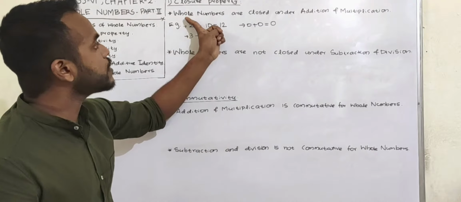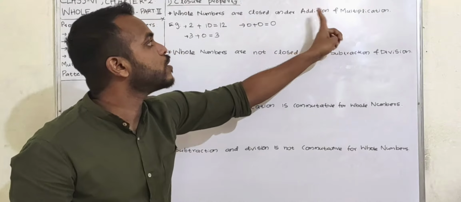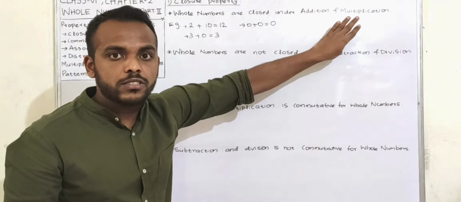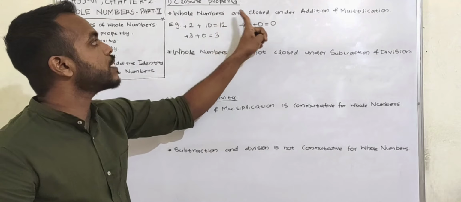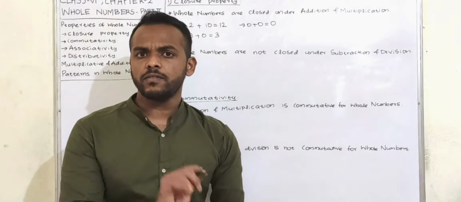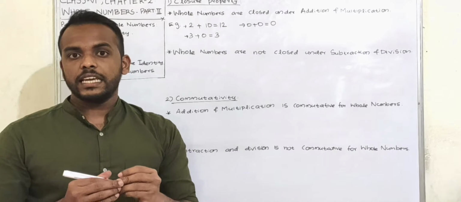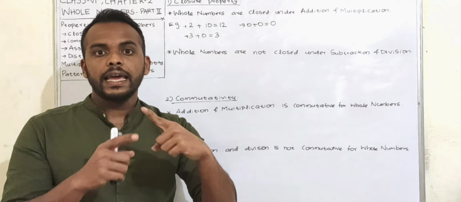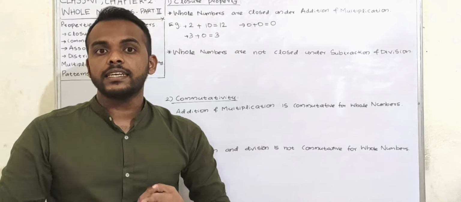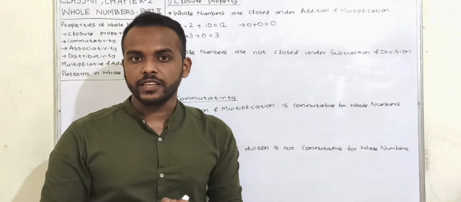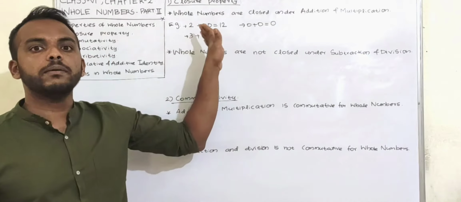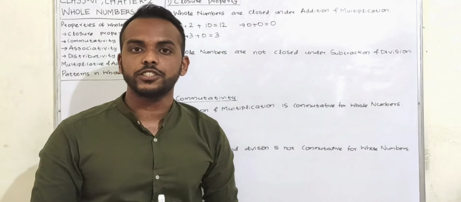Now, there are two operations, addition and multiplication. If whole numbers are closed under multiplication, what would that mean? Yes, if we take two whole numbers and multiply them, we should get another whole number. If that is the case, then we can say whole numbers are closed under multiplication too.